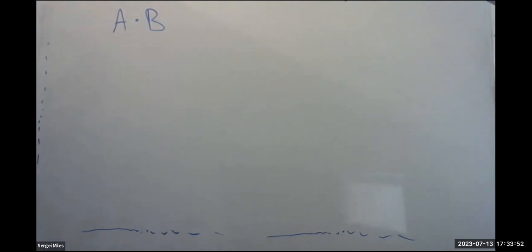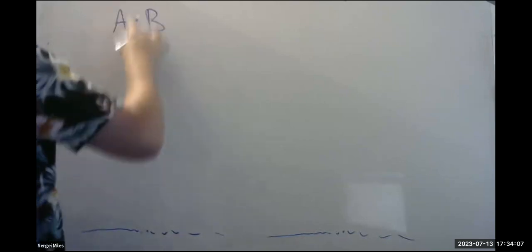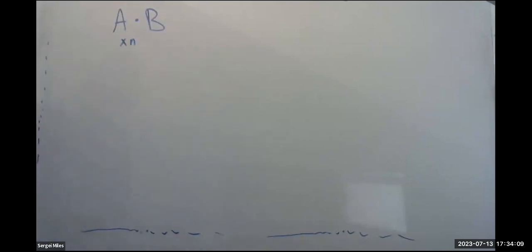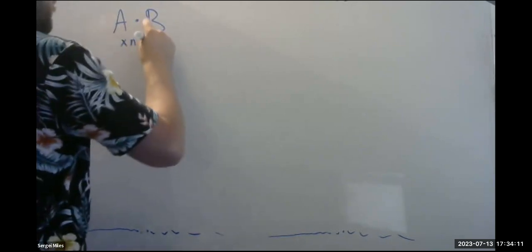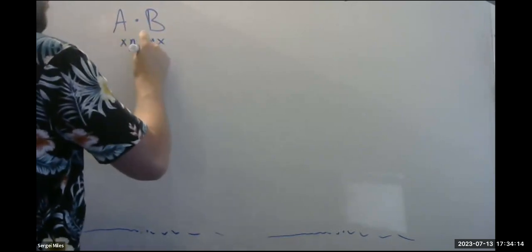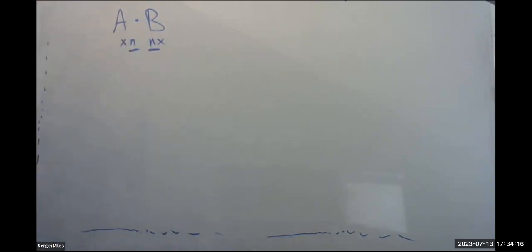A times B. We already know that in order to multiply a matrix times a vector, however many columns the matrix A has, that had to match the number of rows for the vector X. Well, that's still going to be true. These two numbers must match before I can multiply matrices. If they don't match, then their multiplication does not exist. You cannot calculate it, right?